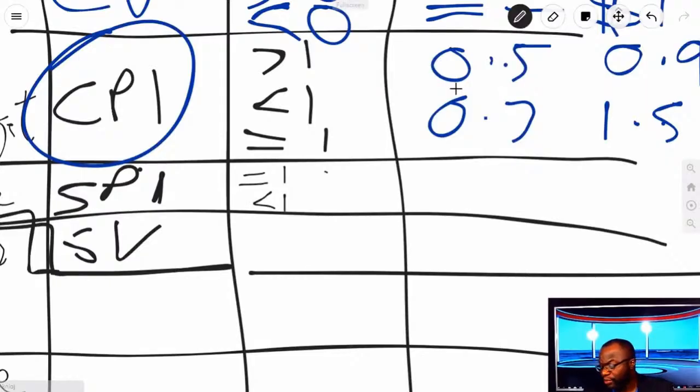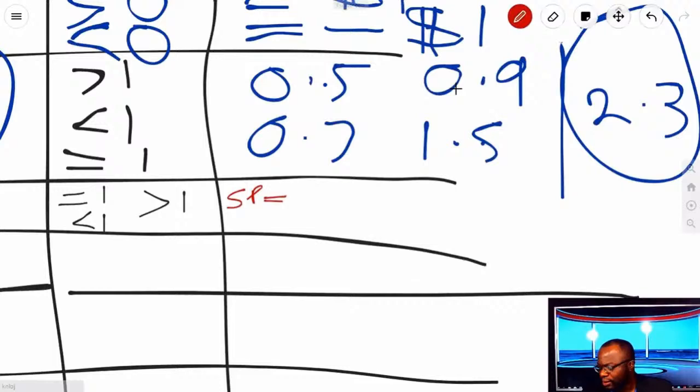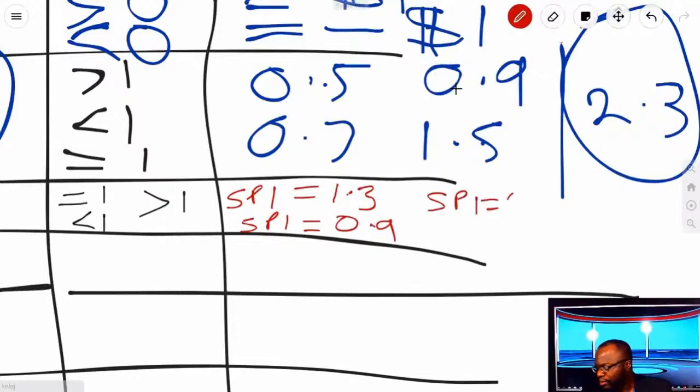And if your schedule performance index is greater than 1, that means you are ahead of schedule. So to give you some quick examples, what does it mean if someone says SPI equals 1.3, or SPI equals 0.9, or SPI equals 3?